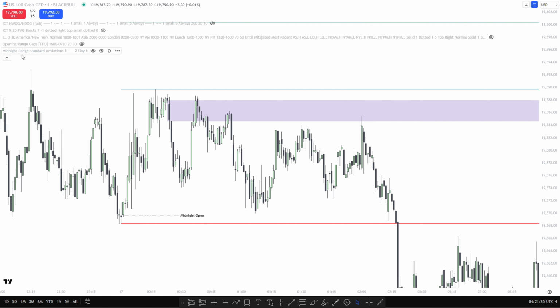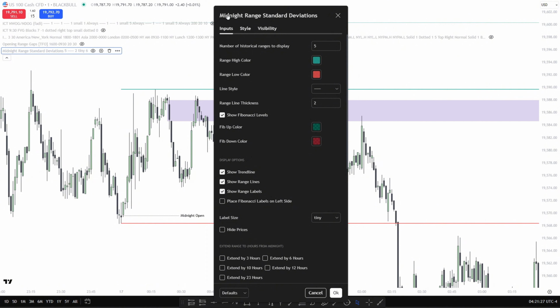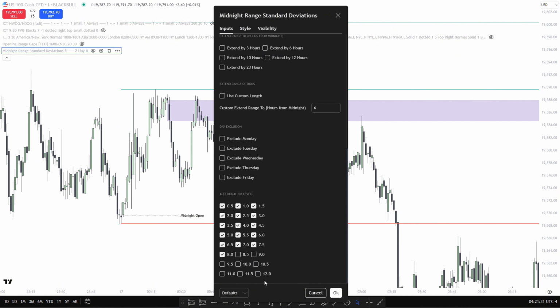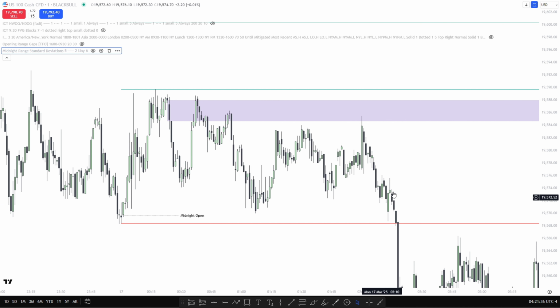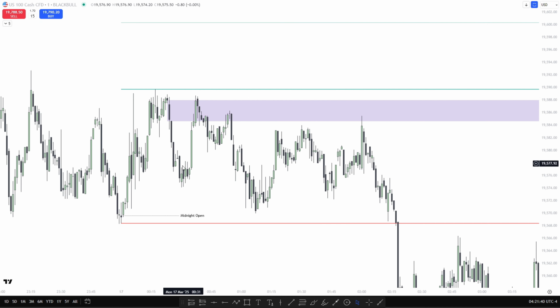So this is the midnight range standard deviations, and you can add up to 12 standard deviations here, both up and down. Okay, it's going to automatically find the high and the low of the range, and it's going to plot it for you.